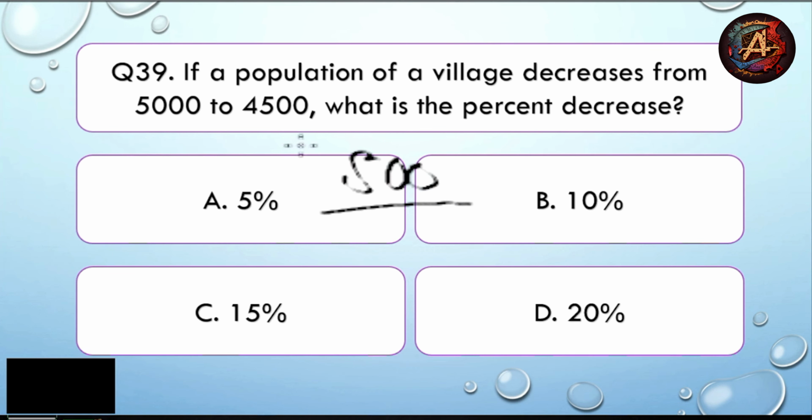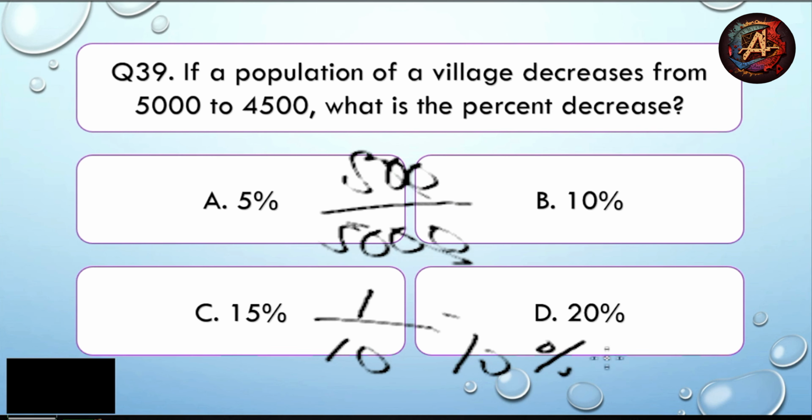So it was reduced by 500, right? So we have now 500 over 5,000, which is the base. We just cancel the two zeros. You have now 5 over 50, and that is basically 1 out of 10. And 1 out of 10 is 0.1, which is 10%. So the correct answer is 10%.